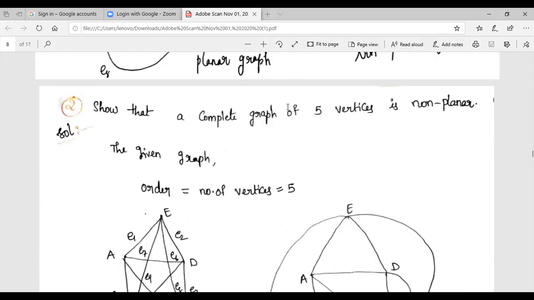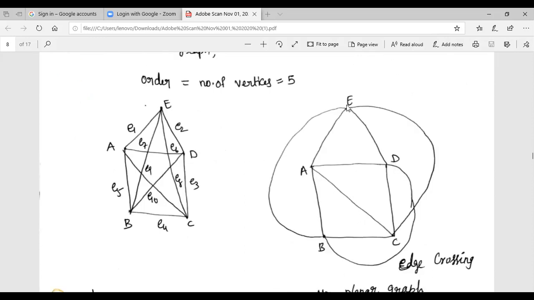The given graph is a complete graph. Complete graph means each vertex has an edge with every other vertex of the graph. So E has edges to the other vertices: E to A, E to D, E to C, E to B. We draw those edges without any crossover; only then can we say the given graph is planar.